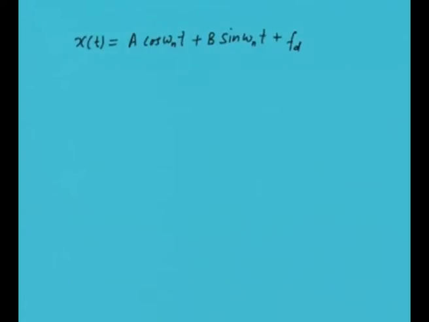Now we have the initial condition at time t equals 0: the displacement is x naught and the velocity is v naught, but that is 0 because we give an initial displacement and release the mass.